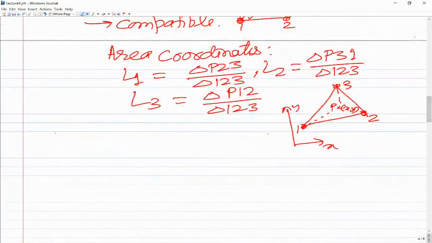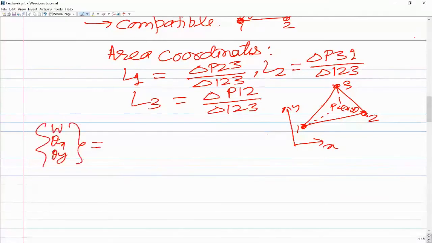Now if you write the interpolation for all the variables, w, theta x and theta y, these can be written in terms of the area coordinates. The property of these area coordinates is that L1 is unity at node 1 and 0 at nodes 2 and 3. When we evaluate L1 at node 1, P coincides with node 1, so it is area of 1, 2, 3 divided by area of 1, 2, 3, which is unity.